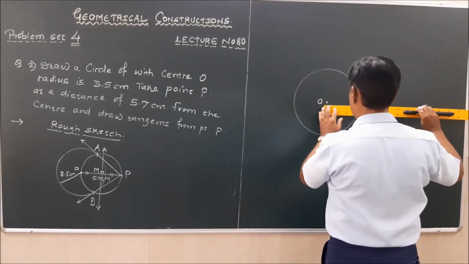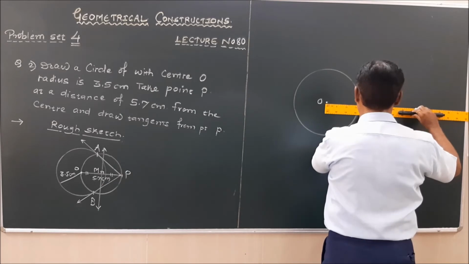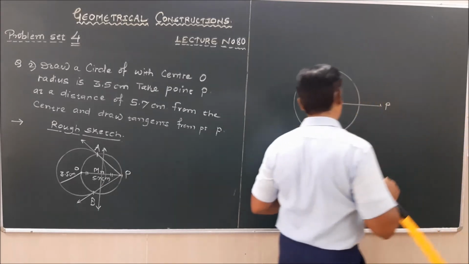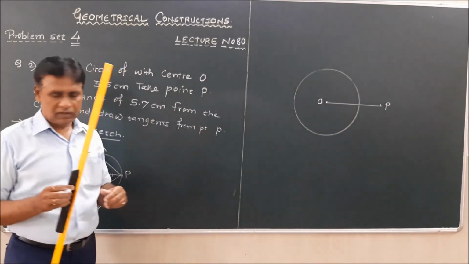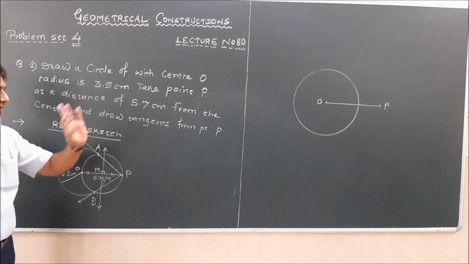Join OP. After joining OP, the distance of OP is how much? It is 5.7.